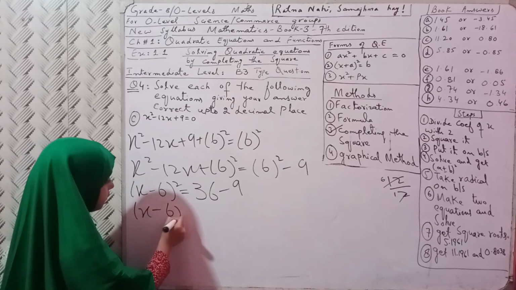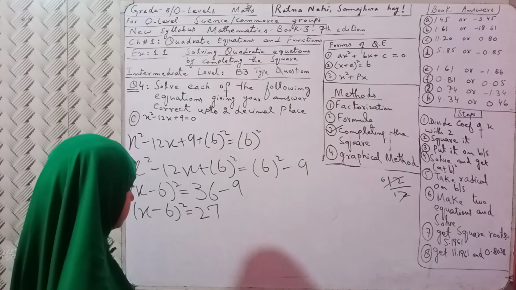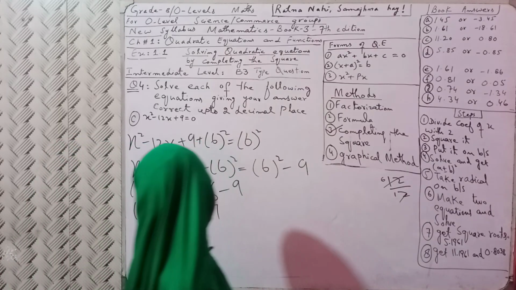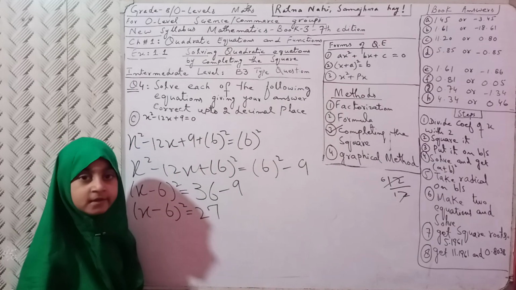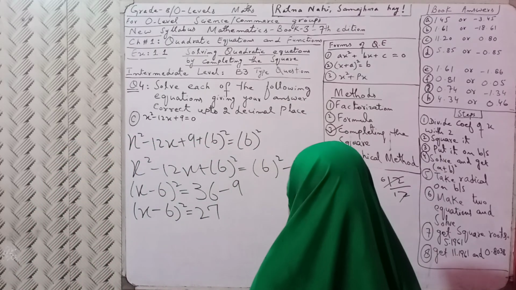X minus 6 whole square is 27. So 36 minus 9, 27.